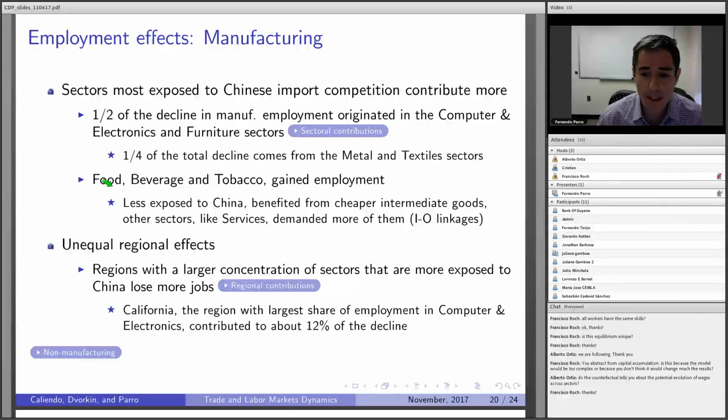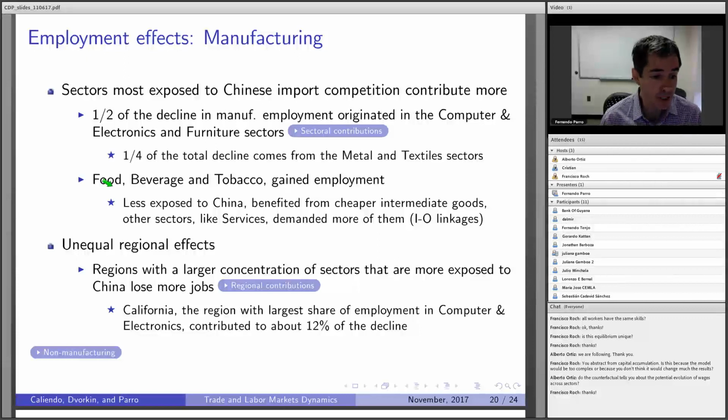We find that the computers and electronics sector and the furniture sector explain about half of the aggregate decline in manufacturing employment. The intuition is straightforward, because these are sectors with a high exposure to China. Other sectors are also important. Textiles and metals explain about 25%, a quarter, of the total decline in manufacturing employment.